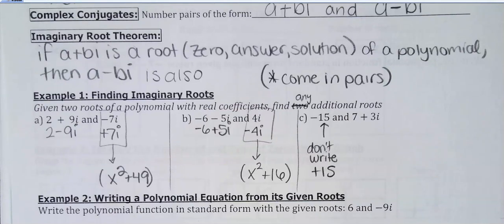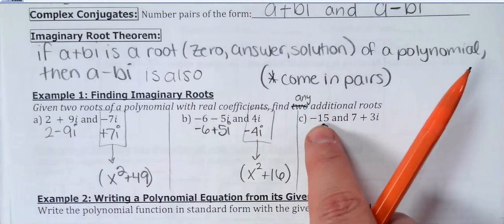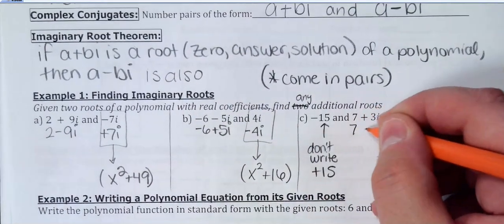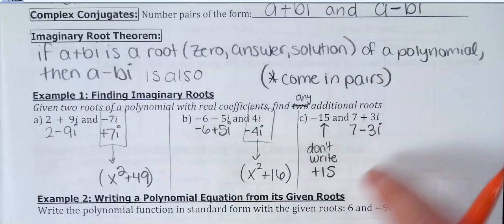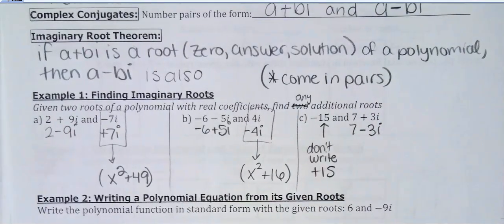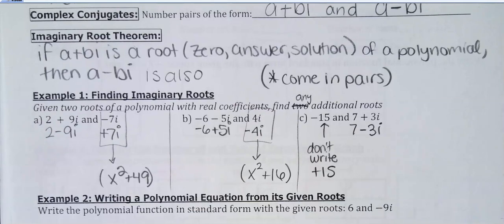So this would just have 3 answers. This would be -15, and then the conjugate here would be 7 minus 3i. But if you just get a number, and that could be something like a half, don't write -1/2, because opposites are not conjugates. They do not automatically become an answer to that polynomial. It's only if it has an i or a square root with it.